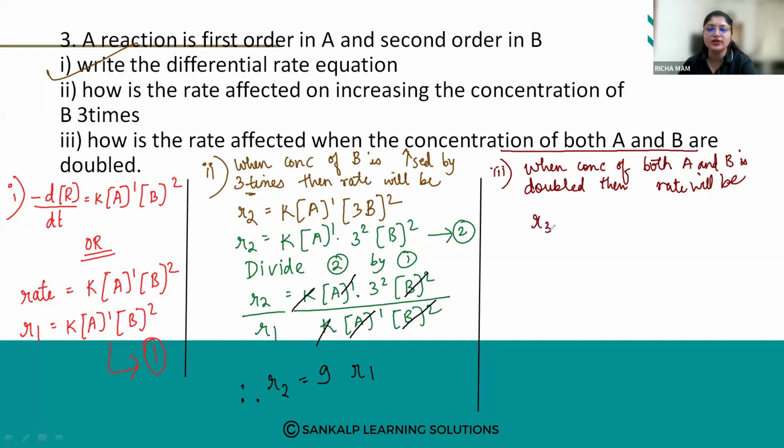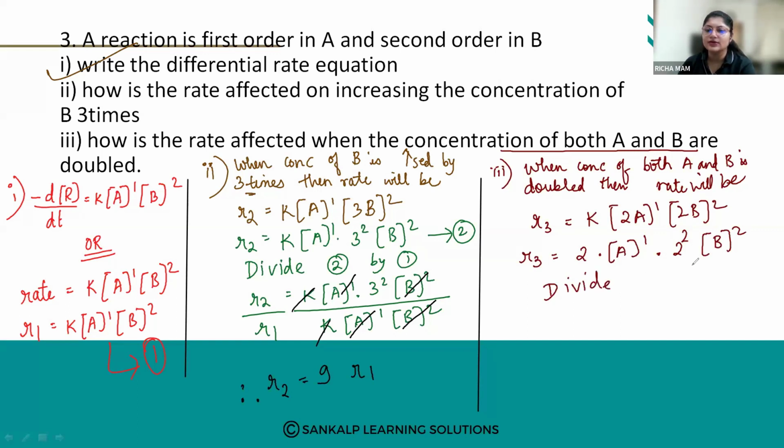R3 is equal to K into 2A raised to 1 and 2B raised to 2. The order will remain the same, only the concentration of the reactant we are increasing. So R3 is equal to K into 2 to 1, A raised to 1, 2 square, B square.